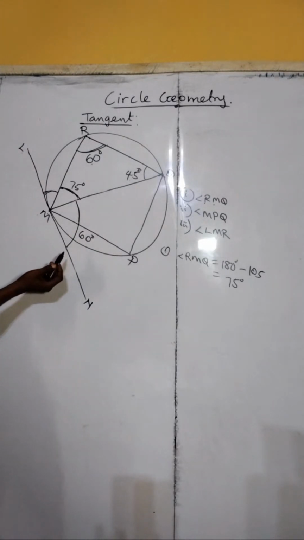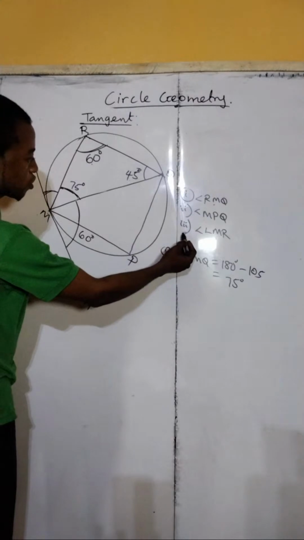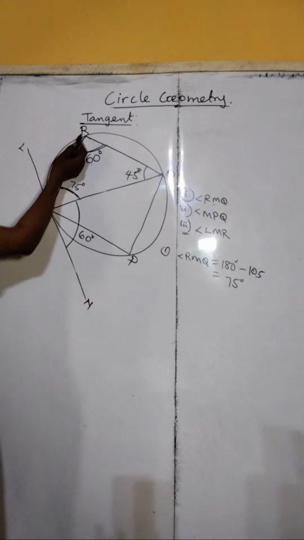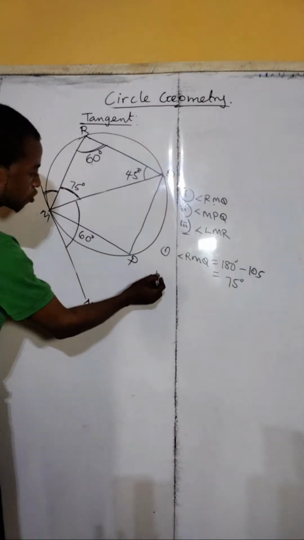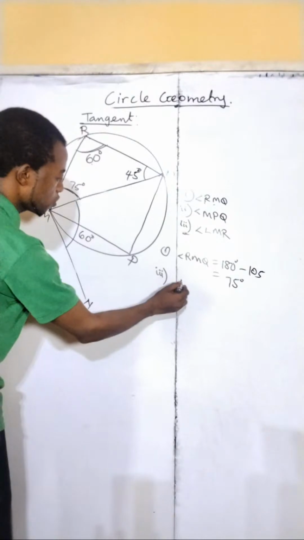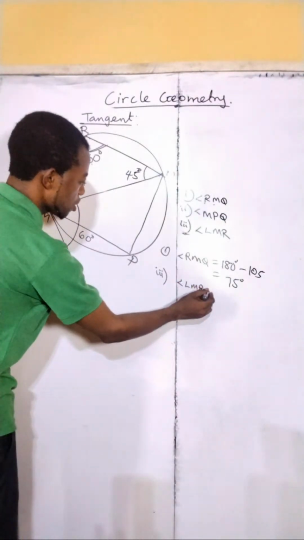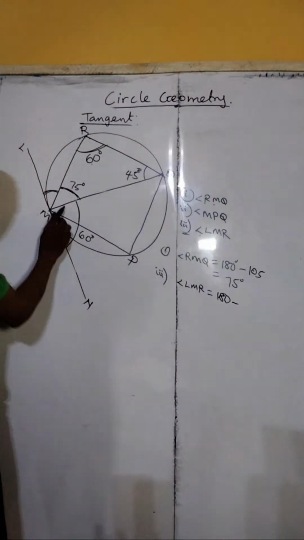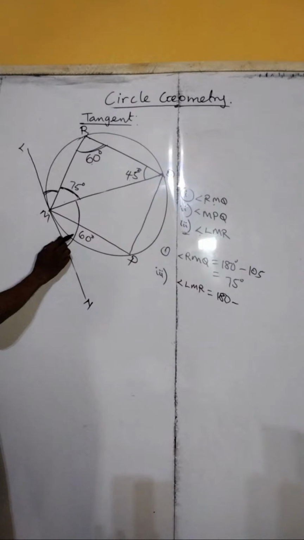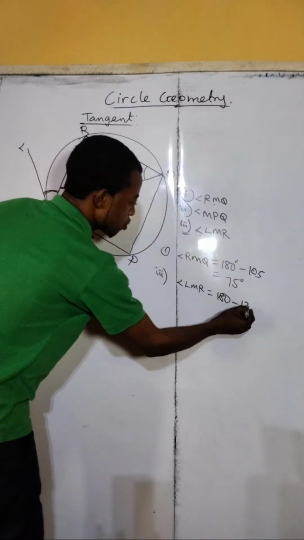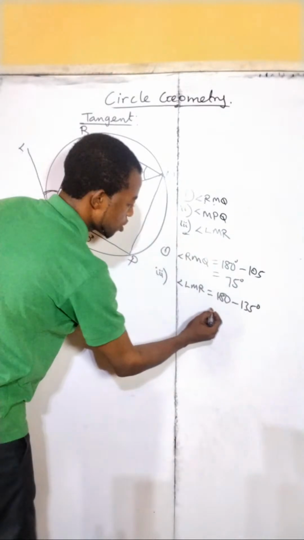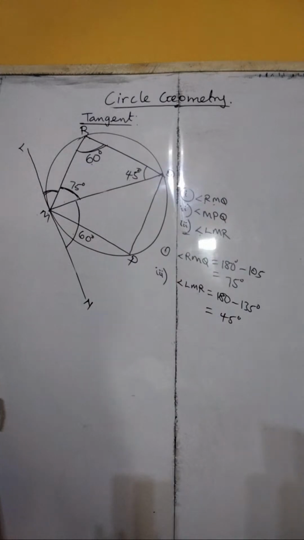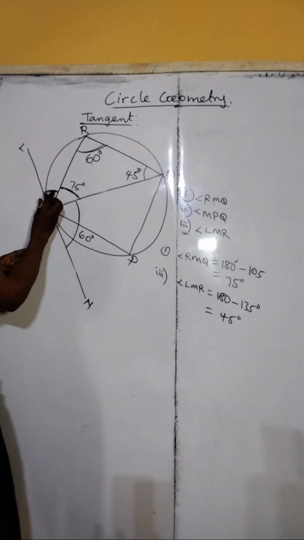So now, if we are asked to find that angle, which I think is number 3 here, LMR, we can find that first. Angle LMR is the same thing as 180 degrees minus the sum of these two angles, which is 135, which means this will be 45 degrees. So that's angle LMR. Angle LMR is 45 degrees.